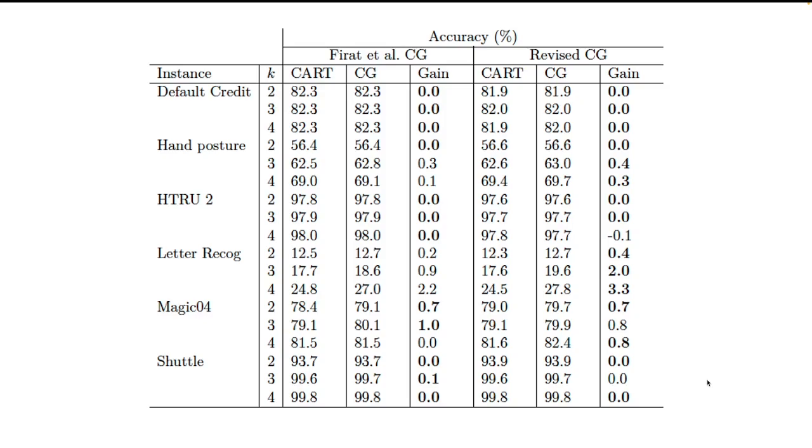But even in this case, we are still either similar or slightly better than Firat, right? For example, if you look at letter recognition, we are improving 2% or 3% in the testing accuracies as well. So it is still beneficial. And of course, the entire model can be made to work with generalization in mind. That's essentially all the work for the second project, the decision tree project.